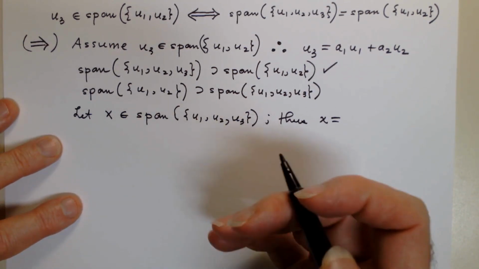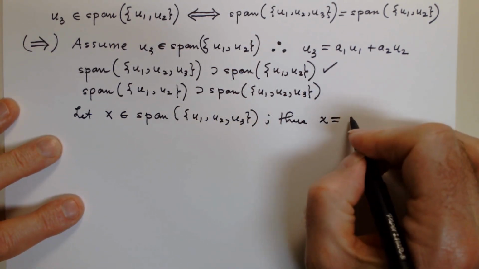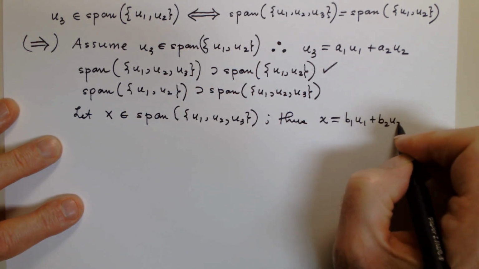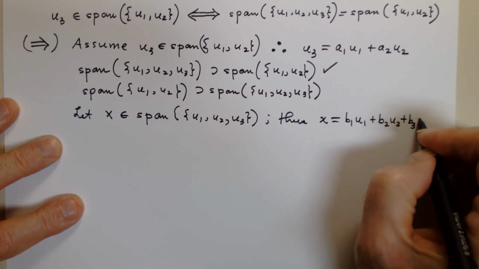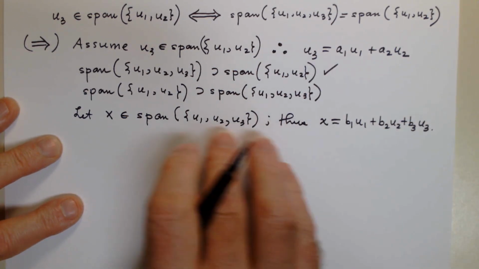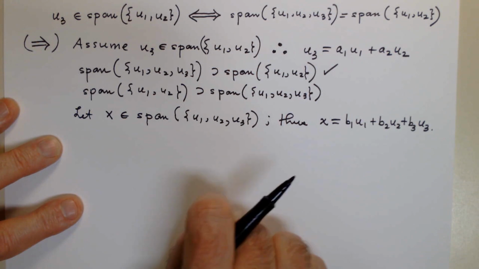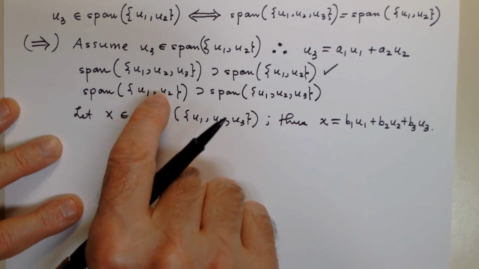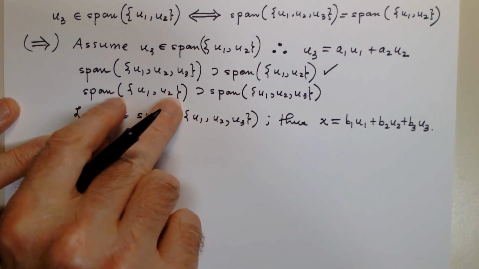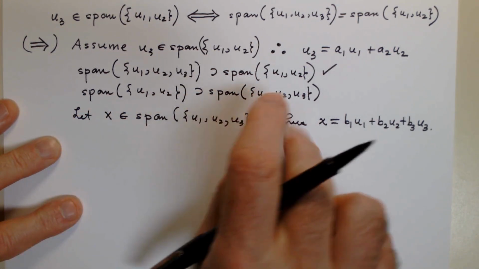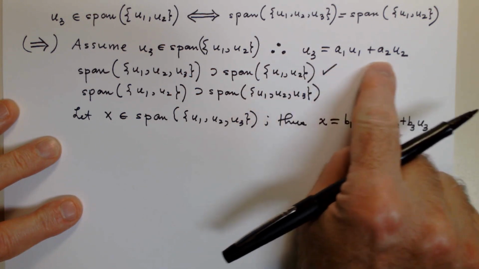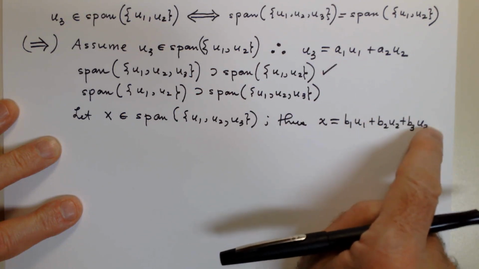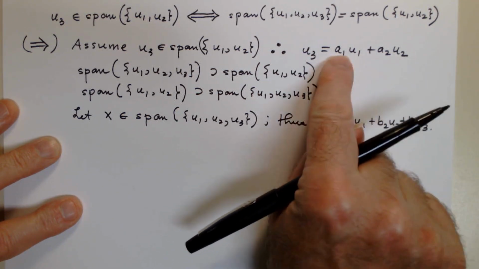Now let's use the symbols b for those scalars. So to say that x is in this set means it's of this form. Now what I have to show is that x, in fact, can be written only in terms of u1 and u2. That would put it into this set. And what's my secret? Well, I know how to write u3 in terms of u1 and u2. So all I'm going to do is go in here, and in place of u3, I'm going to use this instead.